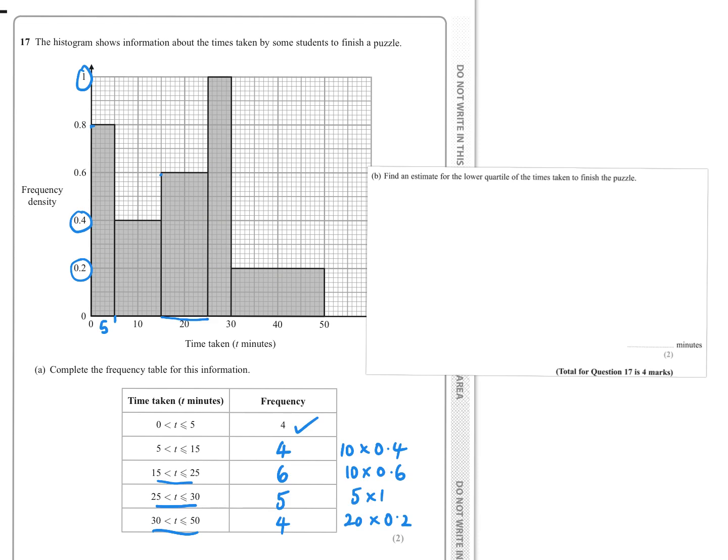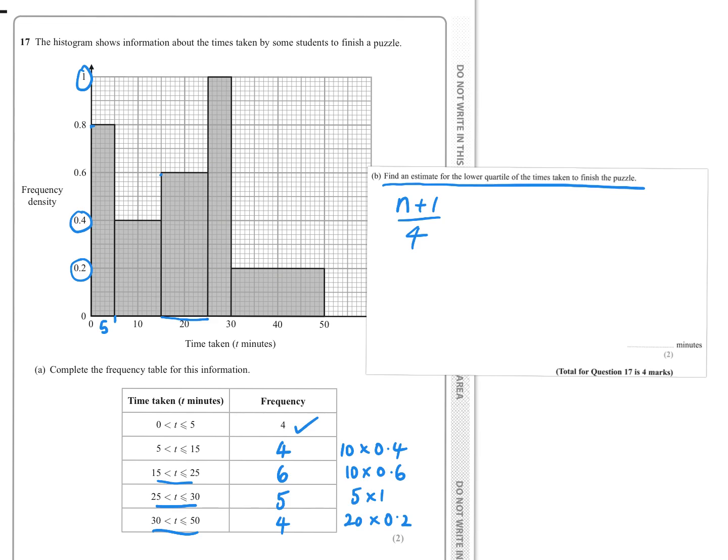It then says, find an estimate for the lower quartile of the times taken to finish the puzzle. I don't know if you use the formula here, n plus 1 over 4 for the first quartile, the first quarter. If not, have a look at your revision notes. I'm sure that it's in there somewhere.